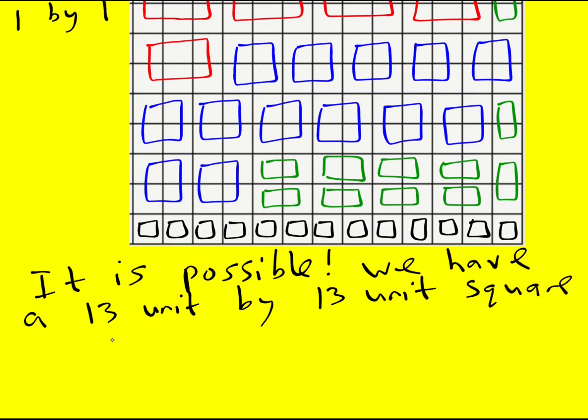Now we can bring back our original units of measurement. Remember, 1 unit is equal to 300 millimeters.